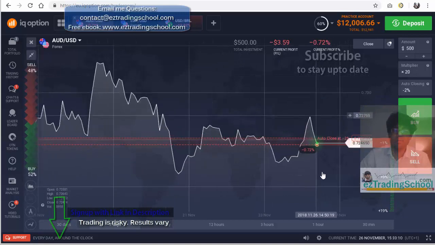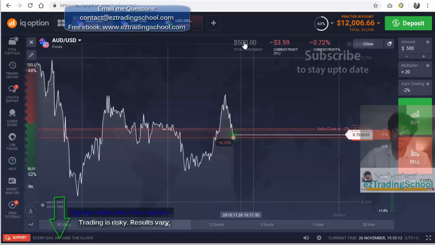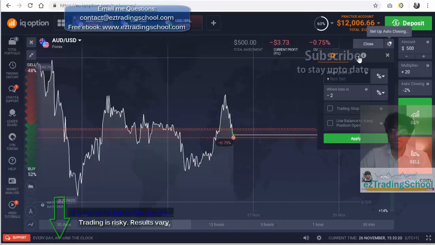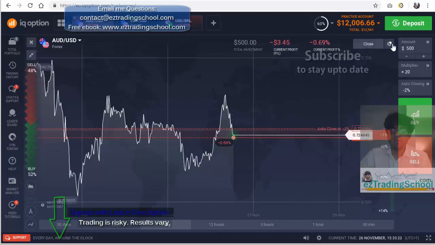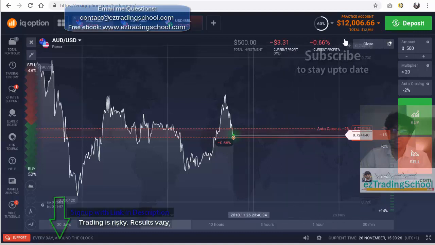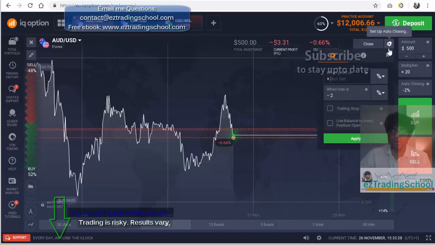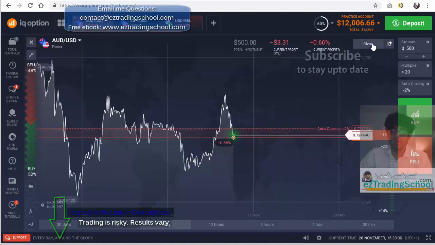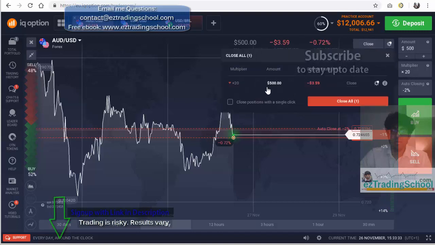I made a purchase of 500 US dollars, and here we have the position happening. Let me just go in there. This is the auto close. If I do close now, this is the trade, and I'm using a multiplier of 20.